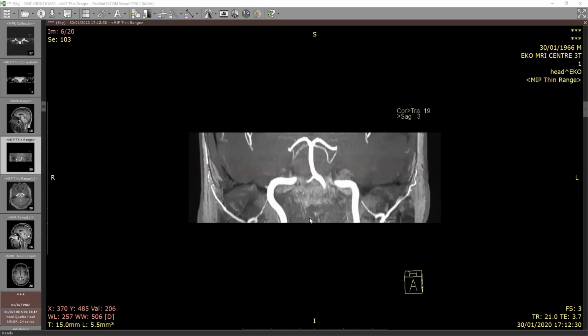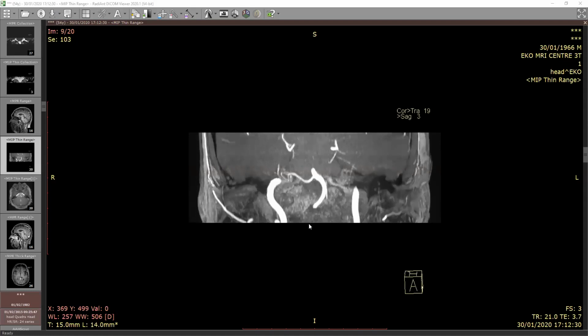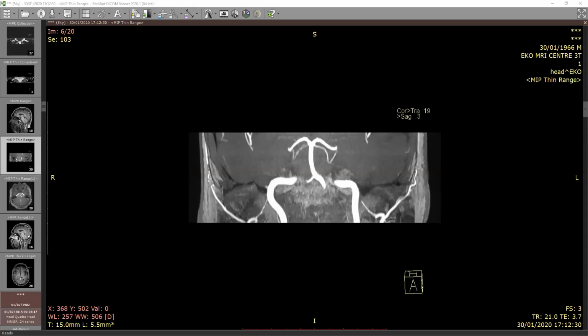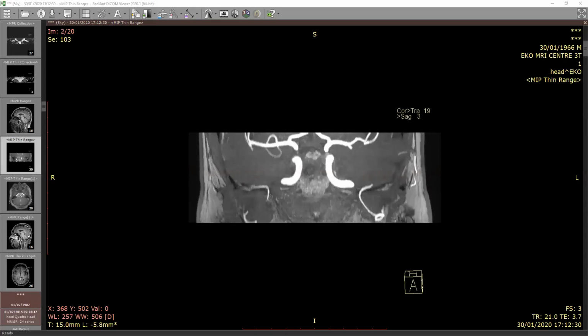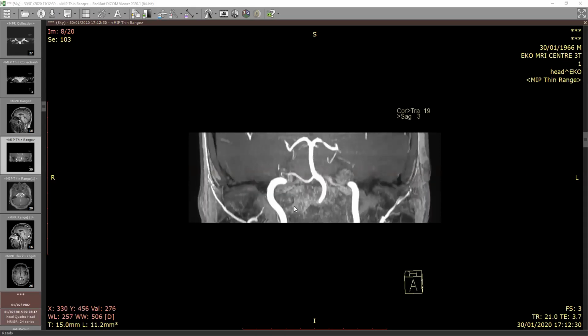And as you can see, this is a sagittal view, which gives you a wonderful idea of the posterior circulation. Though it's very difficult to see the entire posterior circulation in one go, this is an MIP, which stands for a maximum intensity projection. As I said, the world of CT scan is much simpler. Honestly, there are not so many acronyms, not so many terms that you need to know.